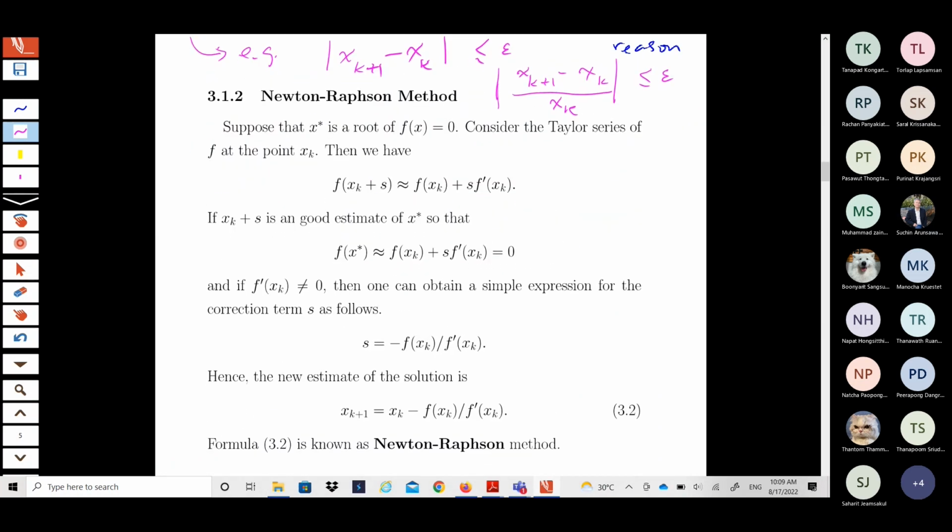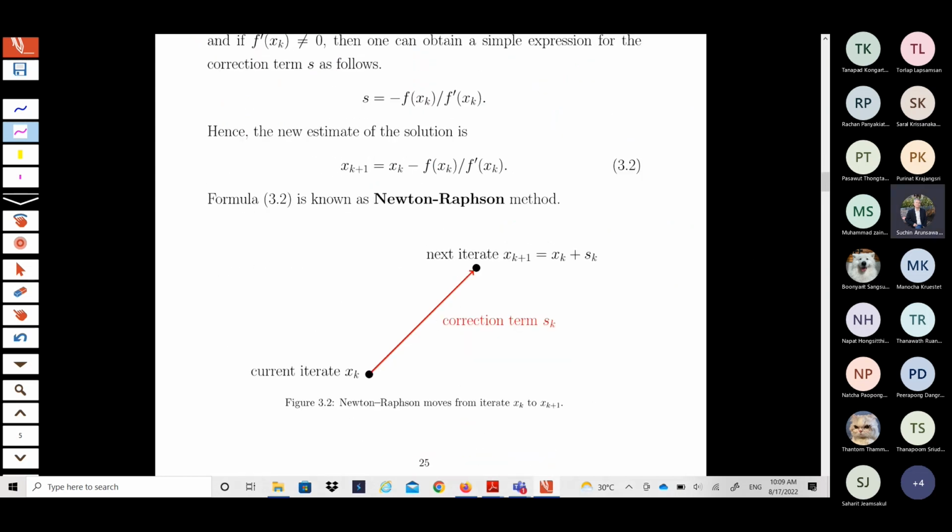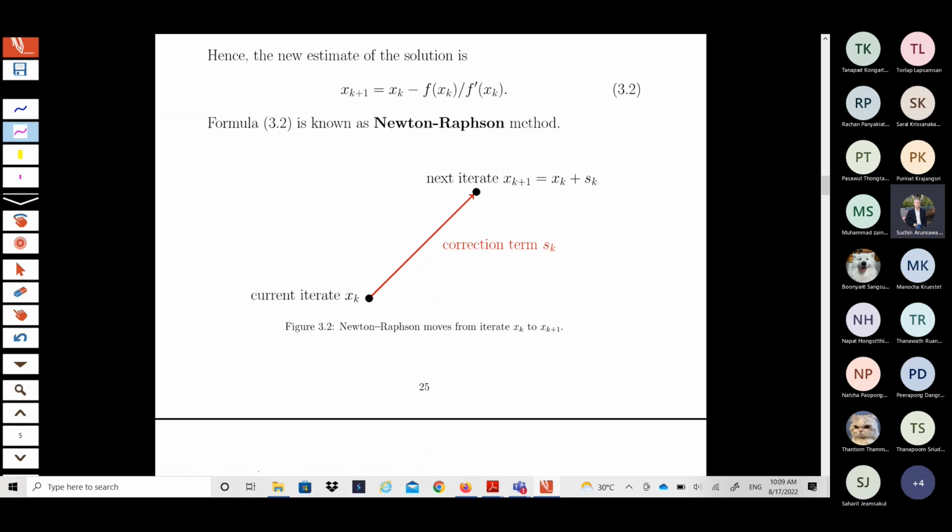Now we come back to Newton-Raphson. Here we suppose that xk is a current iterate. Then we want to move from xk to generate xk plus 1.